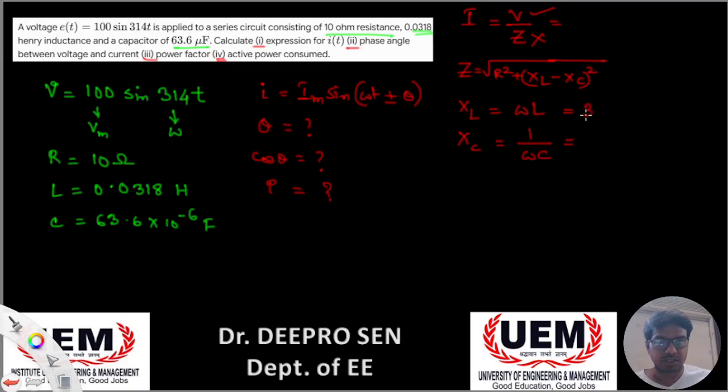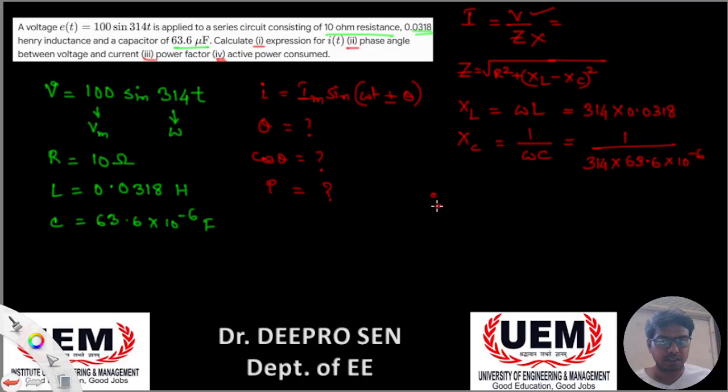So if you do that, I'll just give you a quick answer. Omega is given as 314 already. L is 0.0318. And this will be 1 by 314 into 63.6 into 10 to the power minus 6.